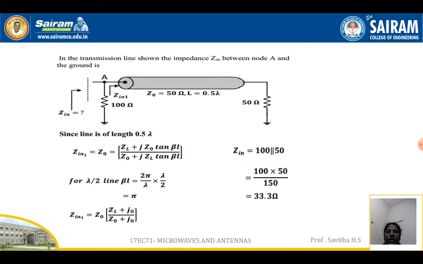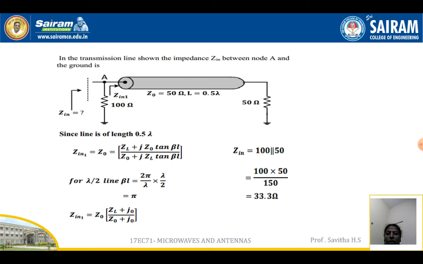In the transmission line shown, the impedance Zin between the node A and the ground is? The diagram is shown in the figure. Node A has 100 ohms, and one more terminal is given as 15 volts. Since the line length is 0.5 lambda, Zin is given by the same formula, Z0 (ZL plus j Z0 tan beta L) divided by (Z0 plus j ZL tan beta L).